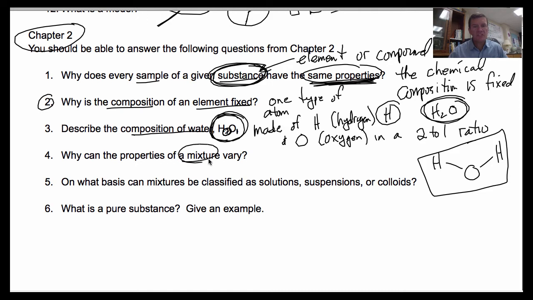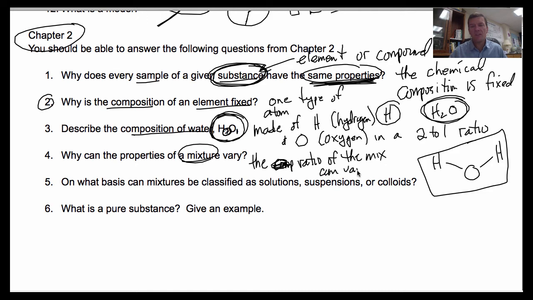Now a mixture is a little bit different. In a mixture, the components are not chemically bonded. You can separate a mixture back into the different components. A mixture can vary because the ratio of the mix can change.